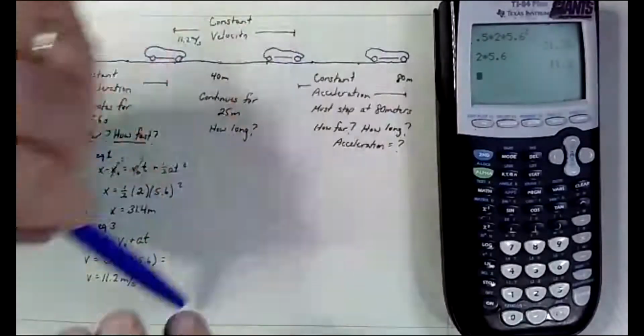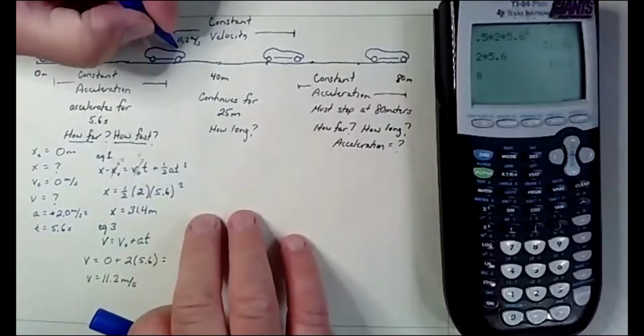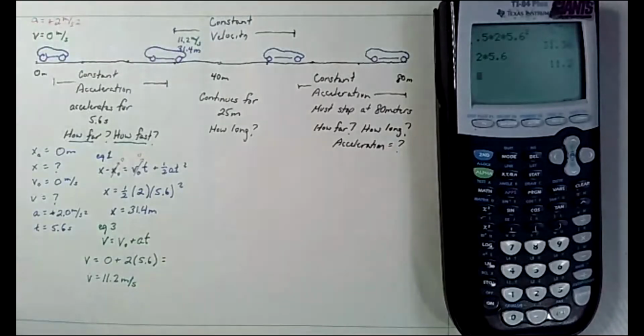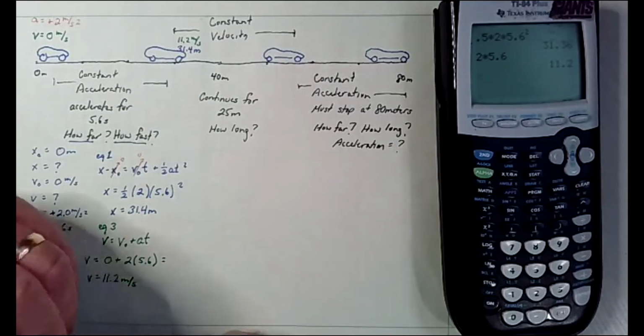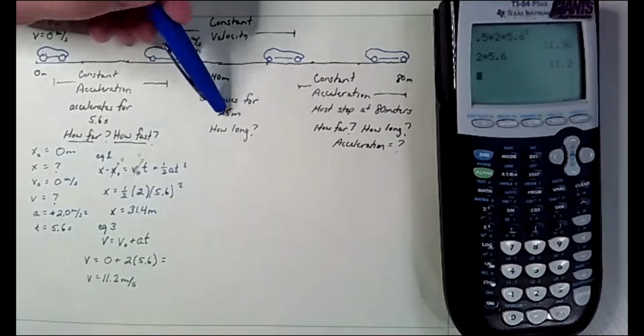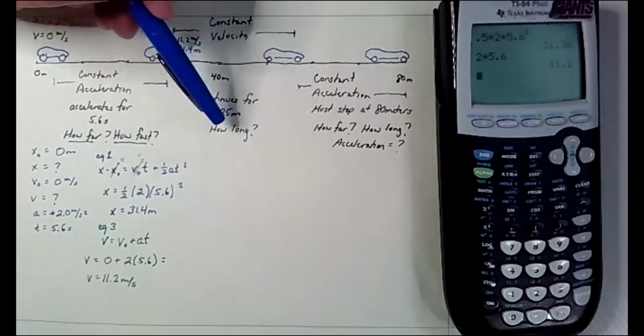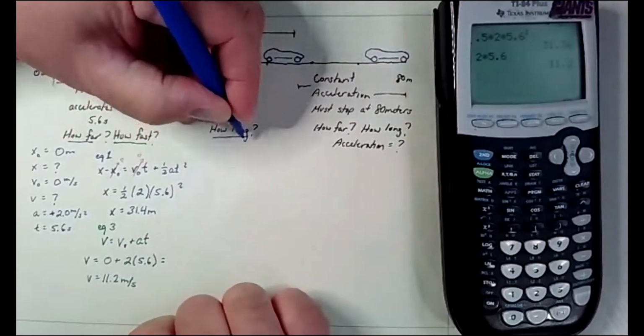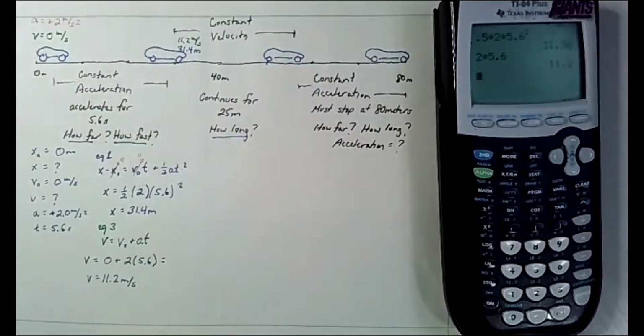And we know the distance we traveled is 31.4. And we know the time is 5.6 seconds. Now we're going to continue for 25 meters. How long does that take? Interesting. So how long, even though it looks like it's asking for distance, is really a question about time.